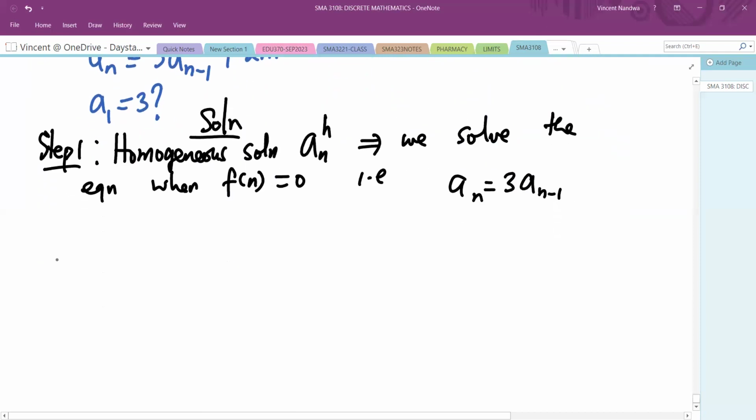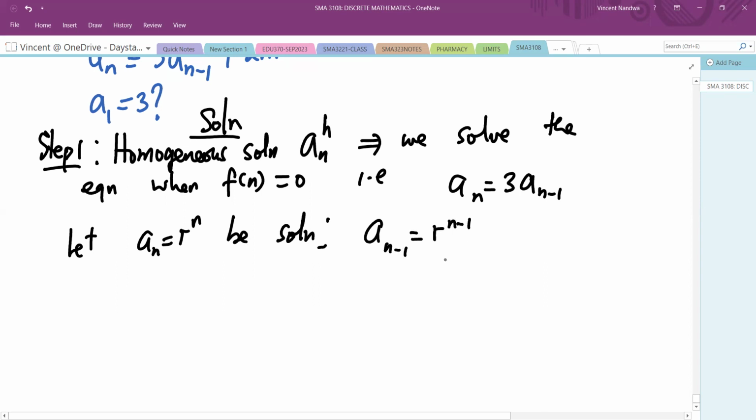So we let an be r power n be the solution. So this means that an minus 1 will be r raised power n minus 1.